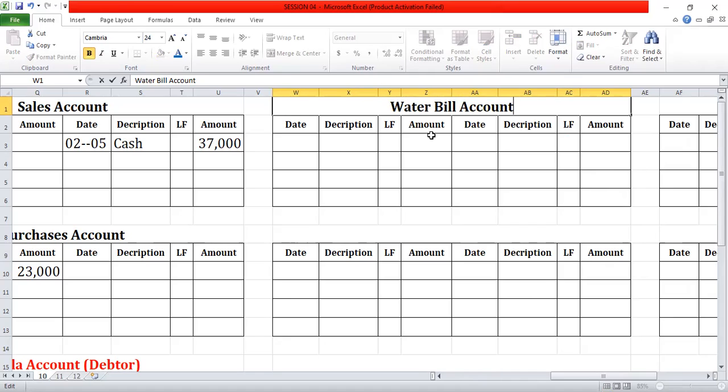Then the water bill account has to be debited. Let's recognize the value of it. First, the date, 14th of May. Description cash. And we have paid a water bill worth 12,000. So the water bill account is debited by 12,000.